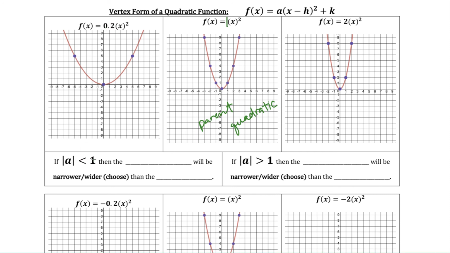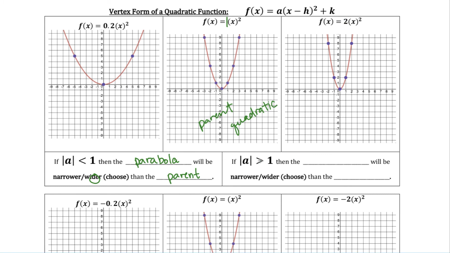If that number has an absolute value less than 1, the parabola will be wider than the parent. But you see this number is bigger than 1 because it's 2.